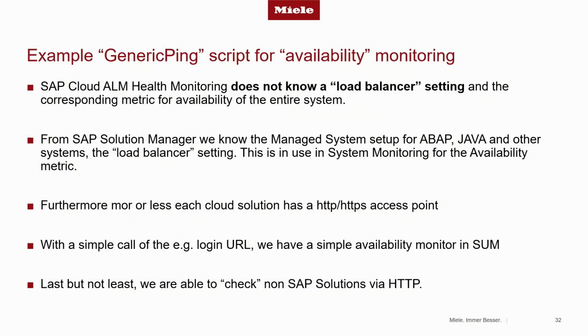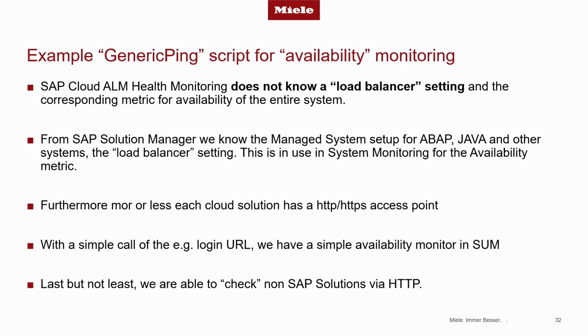So the script which I explained to you, which we use to make a simple availability monitoring, was an alternative way for something which I miss in the health monitoring in SAP Cloud ALM.